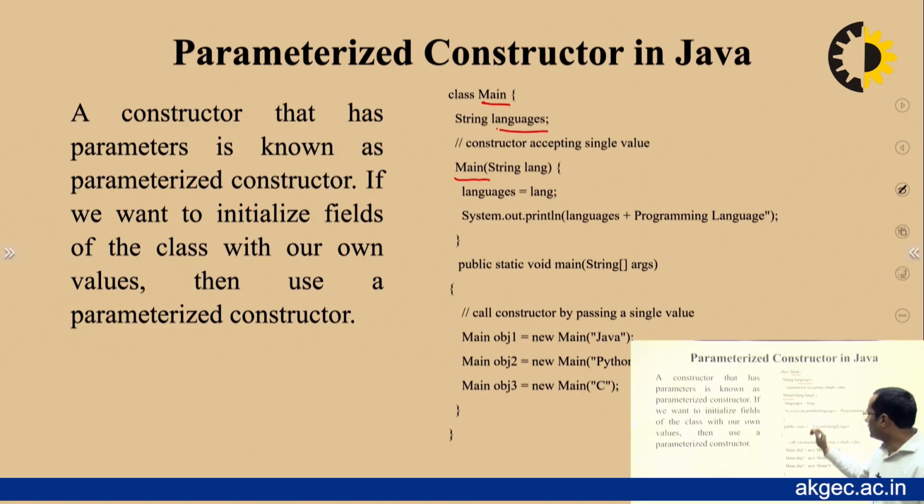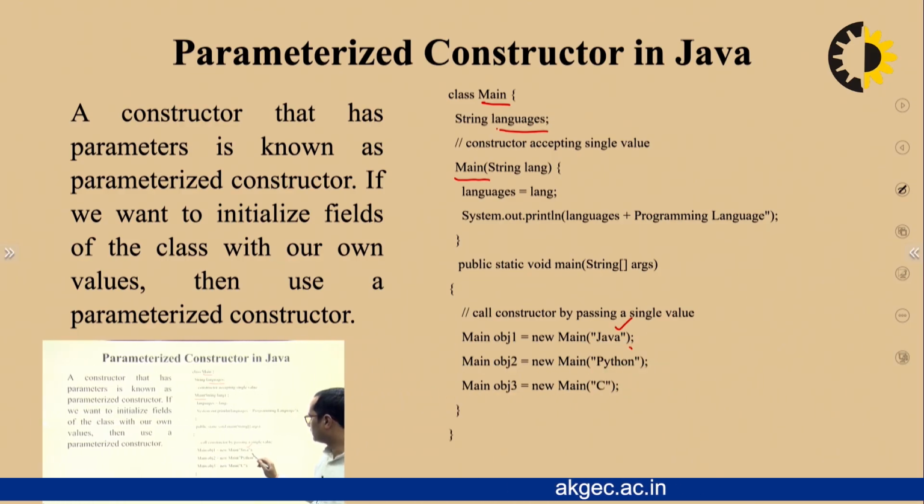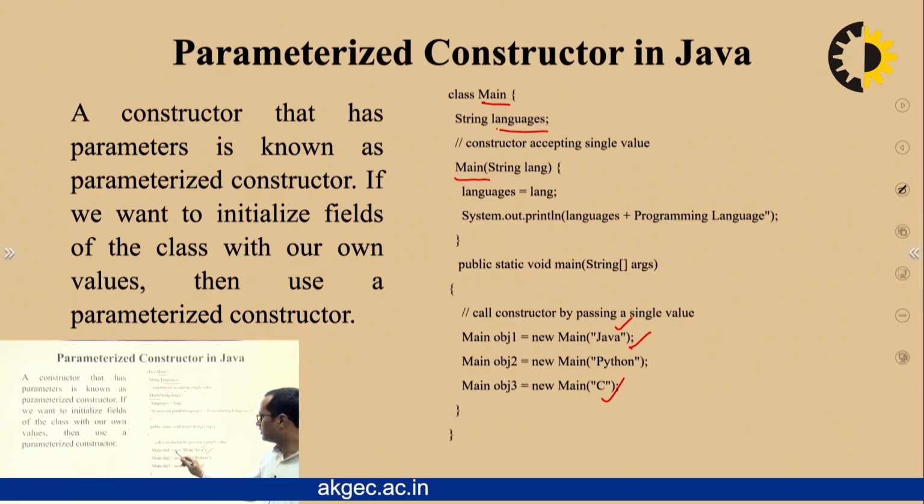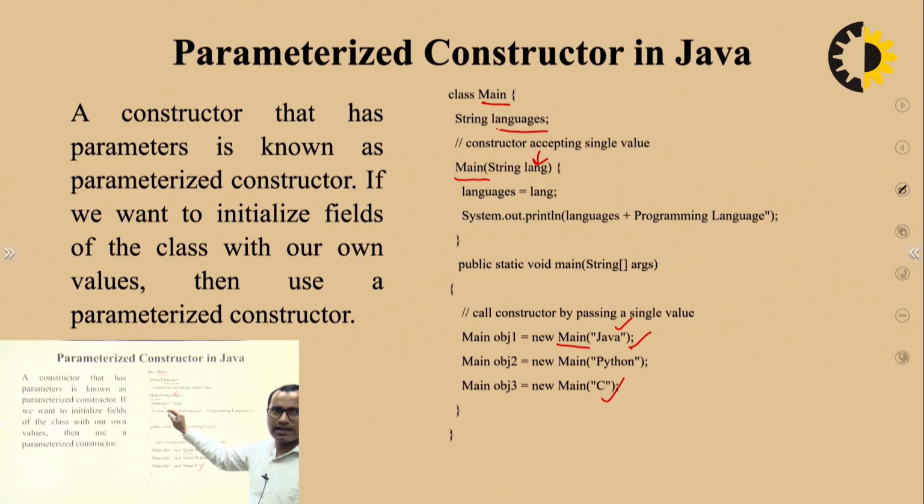When we create the object of this type, we pass these parameters. When we created the first object, we passed Java. This Java will be received here and initialized to this variable. Again, we have created another object, then Python is received here, and then Python is initialized.